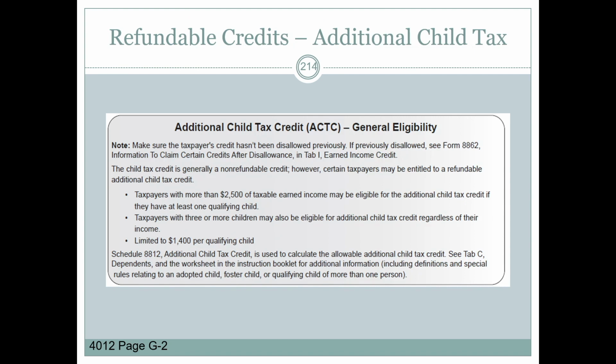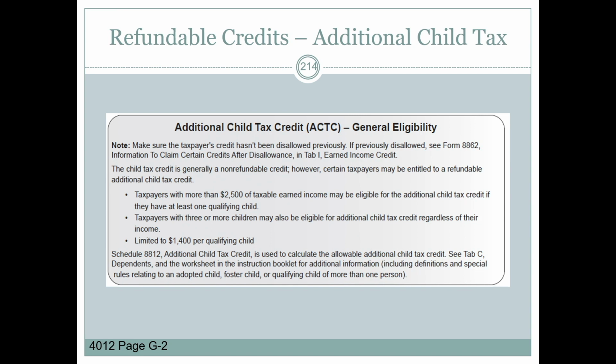Now, Schedule 8812, Additional Child Tax Credit, is used to calculate the allowable additional child tax credit. This was talked about in tab C, Dependents, and the worksheet in the instruction booklet has additional information, including definitions and special rules related to an adopted child, foster child, or qualifying child of more than one person.